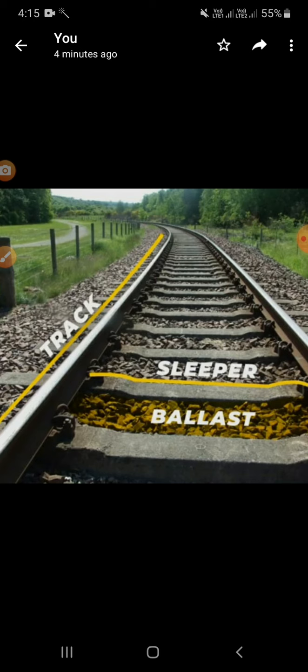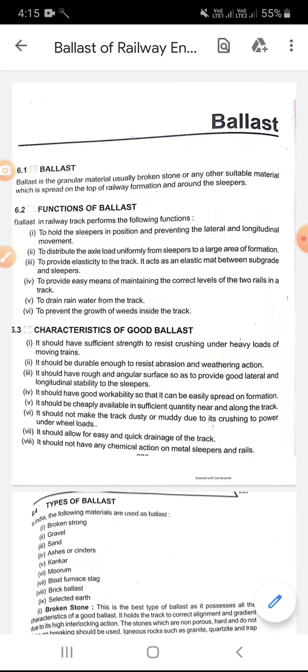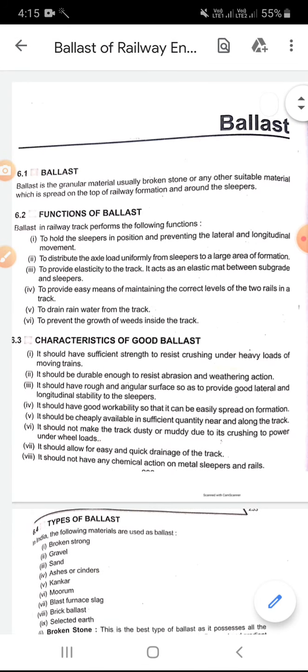Ballast is the granular material, usually broken stone or any other suitable material, which is spread on the top of the railway formation and around the sleeper.